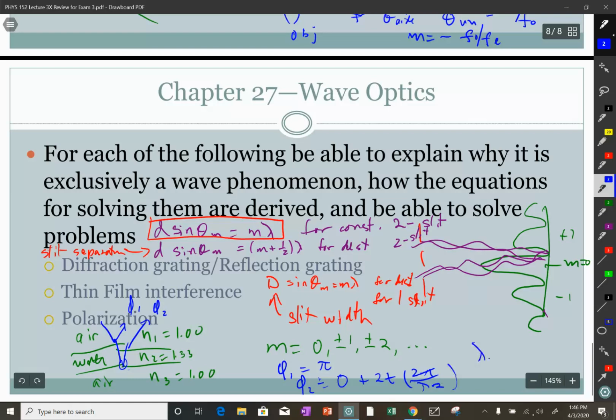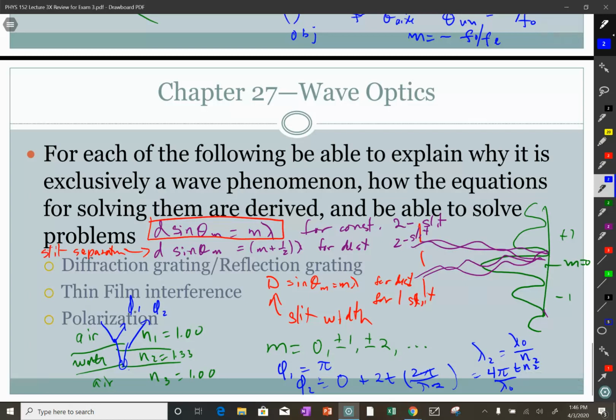But the wavelength in the water is equal to the wavelength in air divided by the index of refraction of the water. And so that would be, if you put it all together, 4 pi thickness N2 divided by the wavelength in air. And so that's the difference in phase.